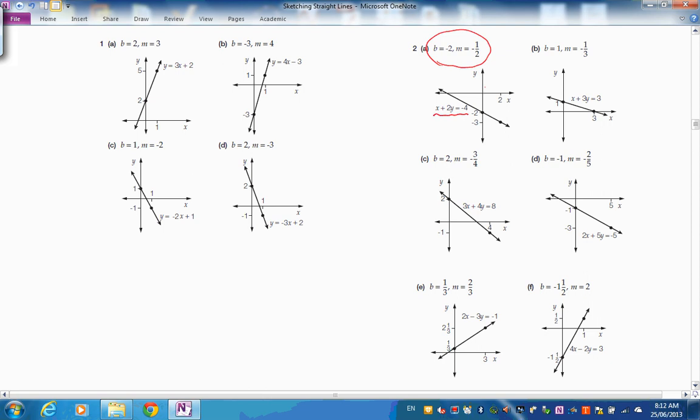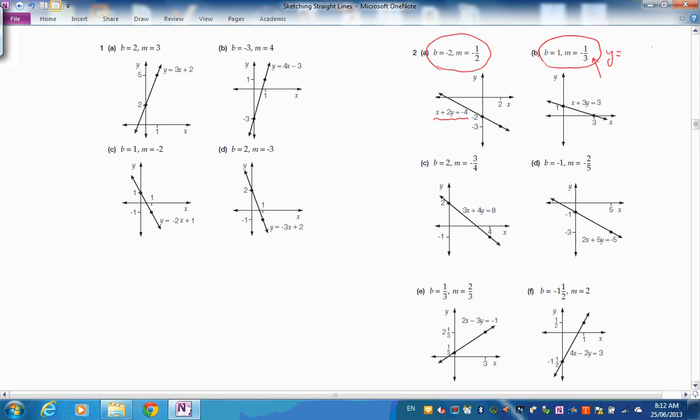They haven't put the mx plus c form. So you'll have to check that by this, because what would this be? It means y would have been 1x take a third. Because, oops, no, I put it around the wrong way. Here, negative a third is the slope, and the y-intercept, their b value, is 1.